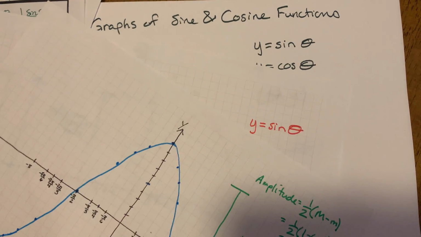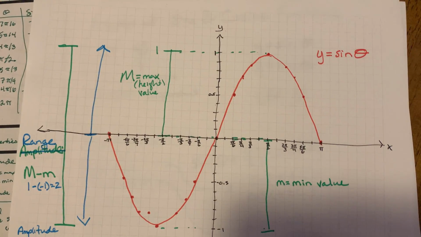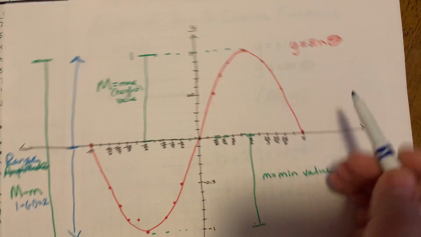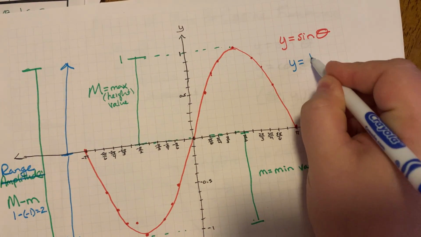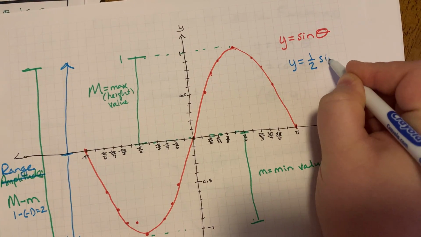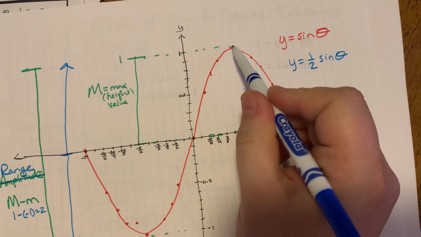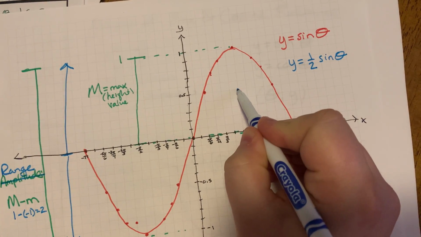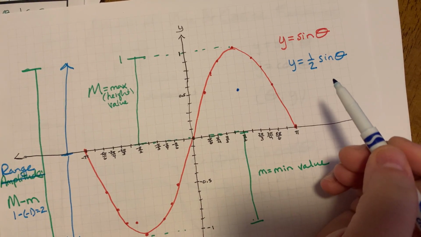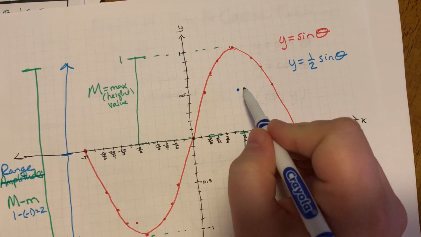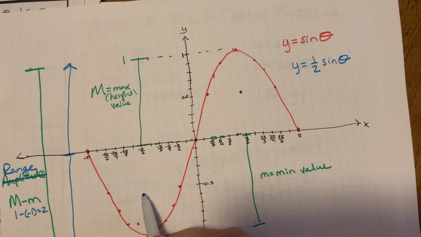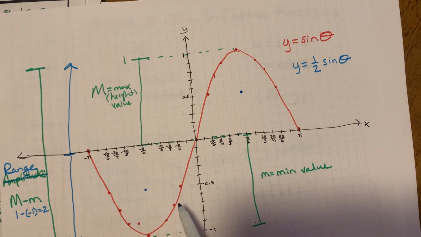Well, if we look here at our sine function, if we look at y equals half sine theta, this point at pi over 2, 1 would become pi over 2, a half, rather. And this negative 1 would become negative a half.